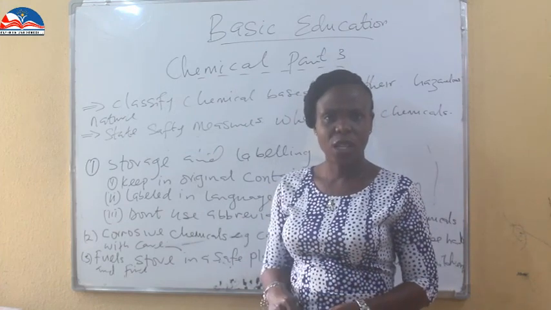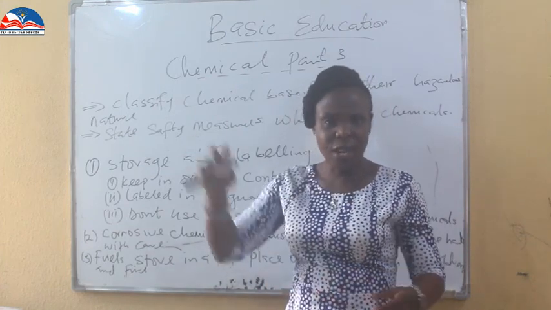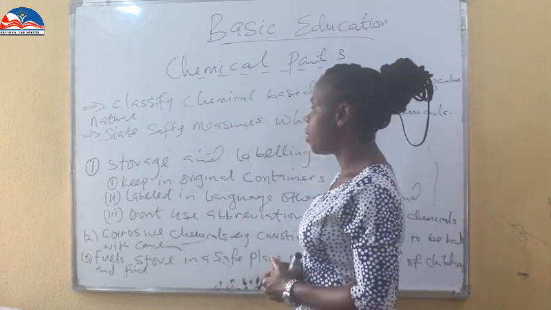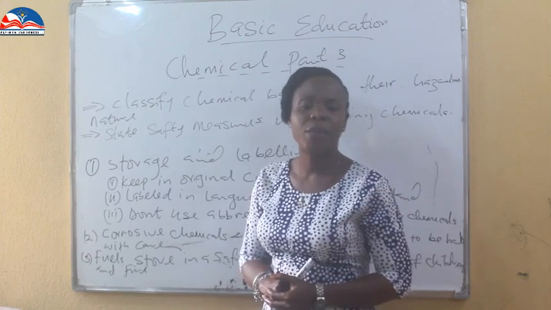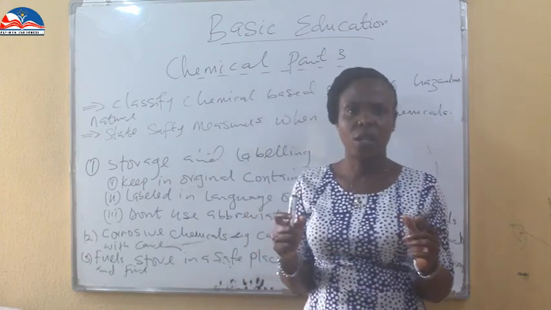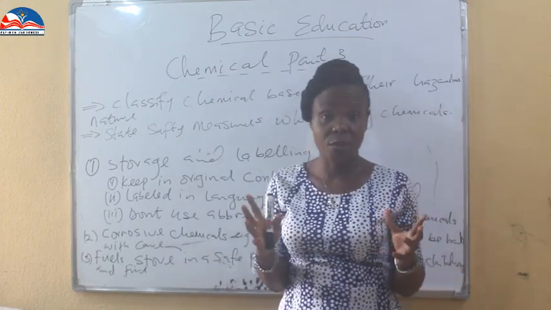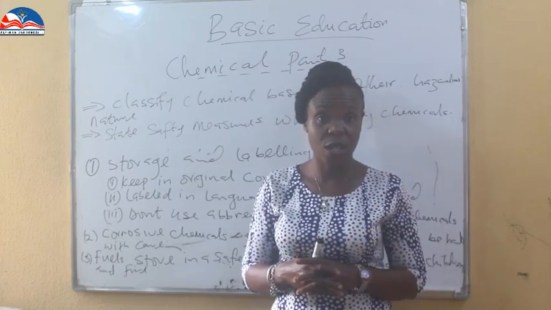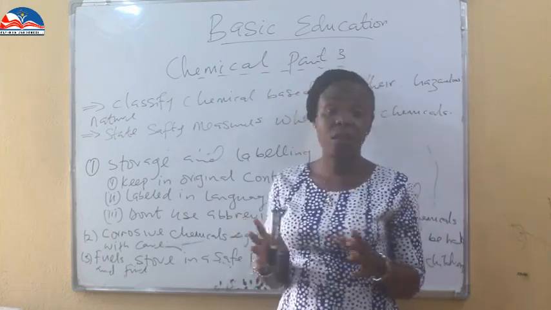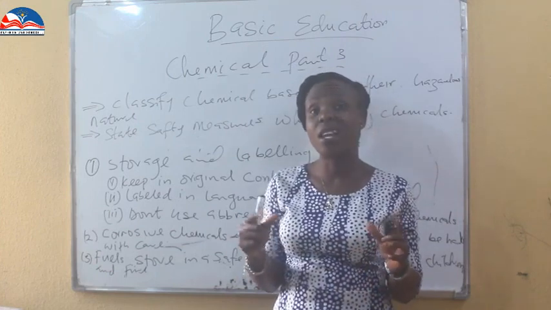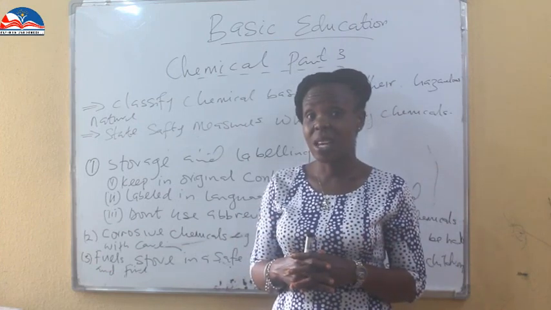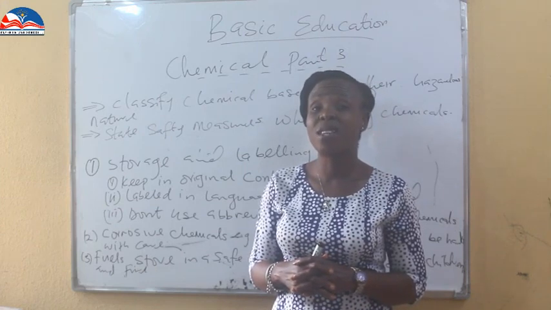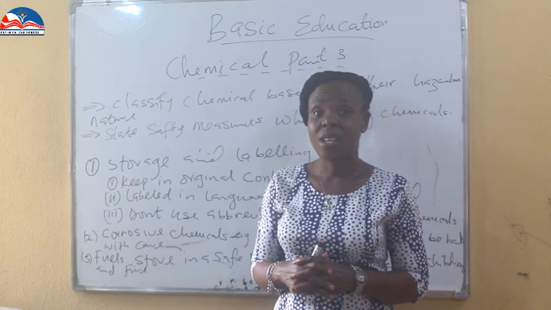Label them. Write the names of the chemicals on them. Now under this labeling, 1, we want to keep chemicals in the original container. That will help people to identify it. Let chemicals be in their original containers. 2, label each of these chemicals in the language that people understand. If it is English language that people around you understand better, please label them in English.